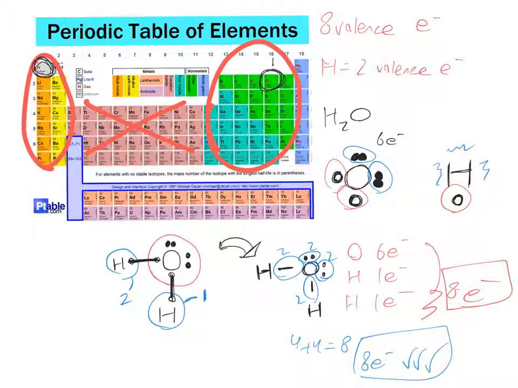Again, we've got 2 trapped up in this lone pair and 2 trapped up in the other lone pair. So we've got 4 from lone pairs, and we've got 2 in this single bond and 2 in this single bond. So again, we have a total of 8 electrons around oxygen, which satisfies the octet rule that says that every element other than hydrogen should have 8 electrons around it. So oxygen satisfies the octet rule in our Lewis structure.